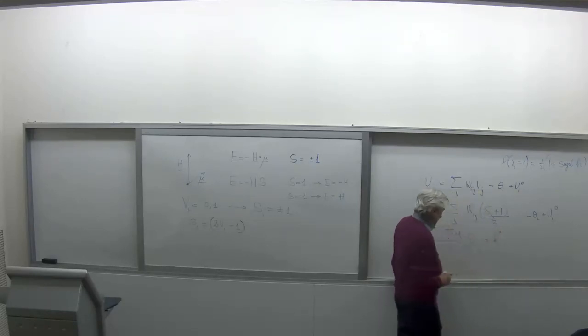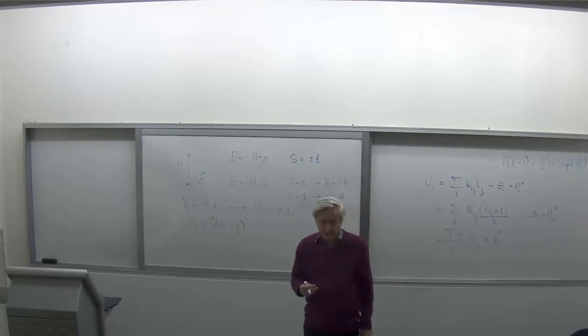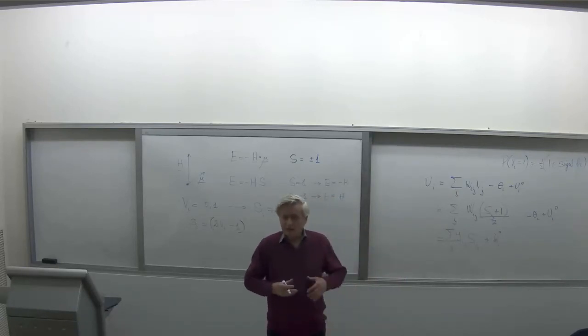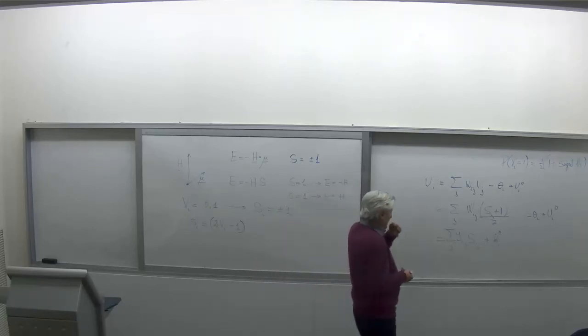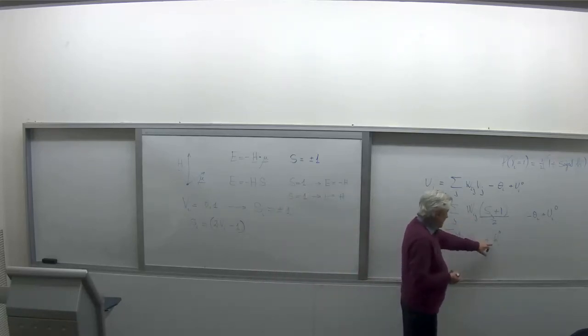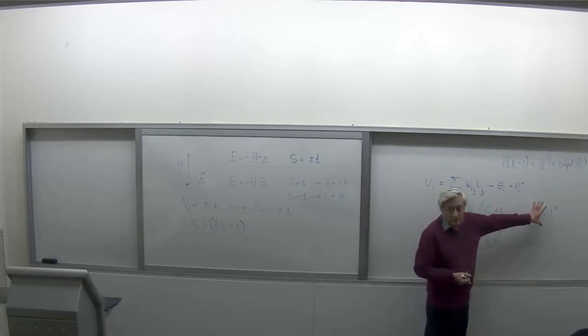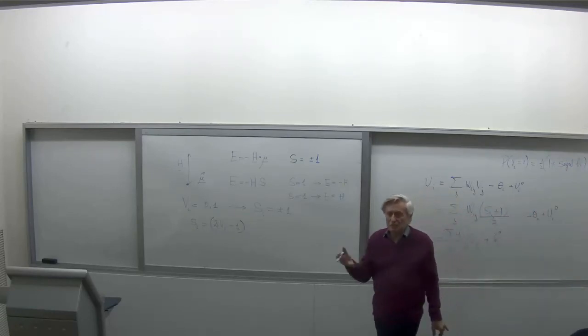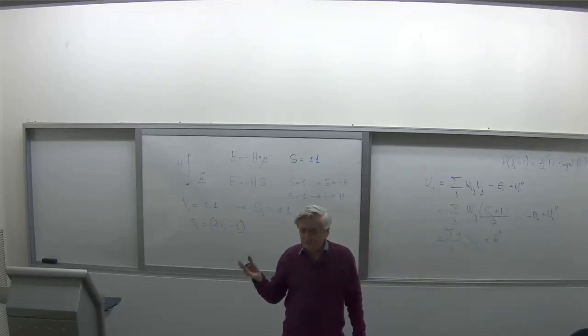Now, let me tell you why I am using this notation. First, this HI 0 is everything here that does not depend on J. Everything I put in there, some constant.